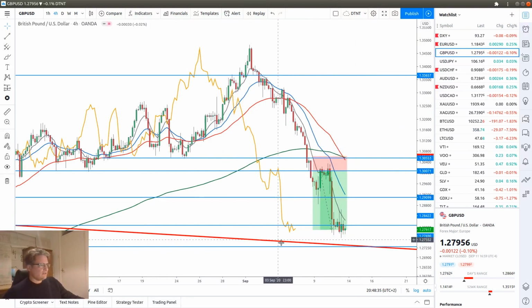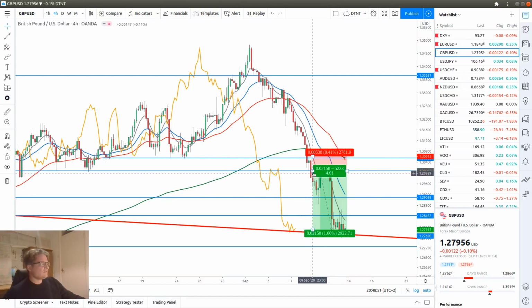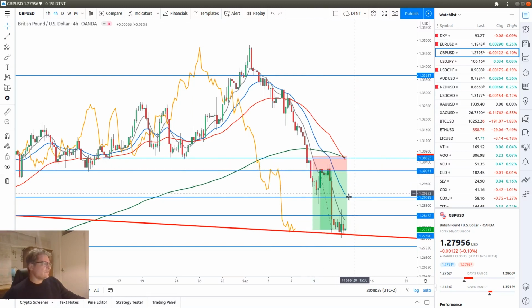The signal line here had already broken even the 200 moving average, and then when this bearish engulfing pattern formed, I decided to get in at the low of the wick here, almost at half a retracement of this candle, and then take it to the downside. So that's how I got in.